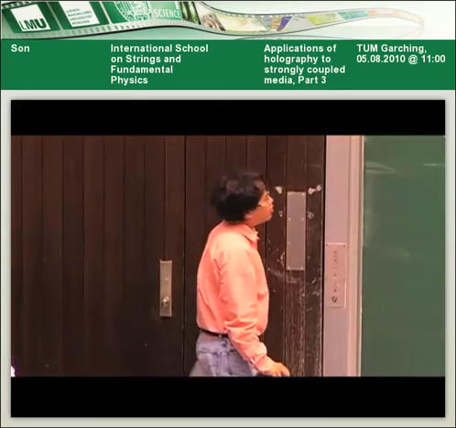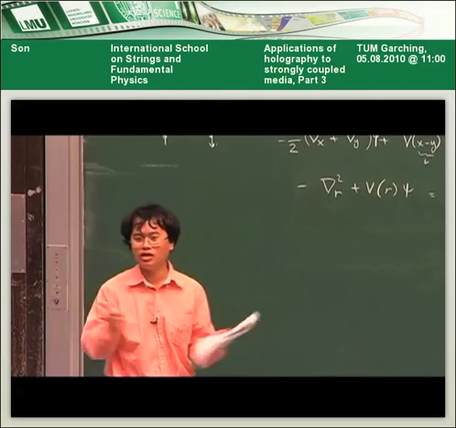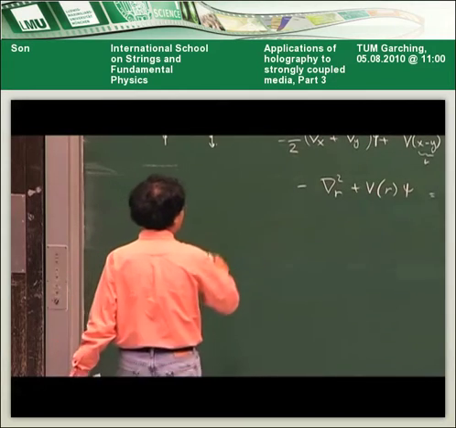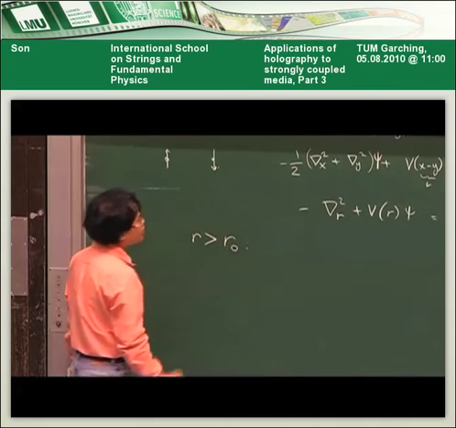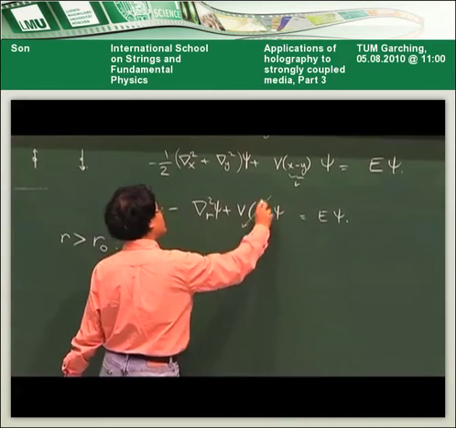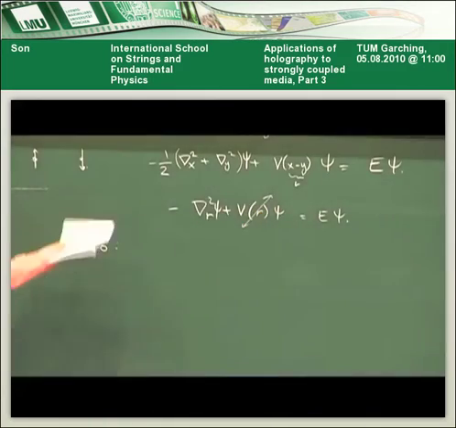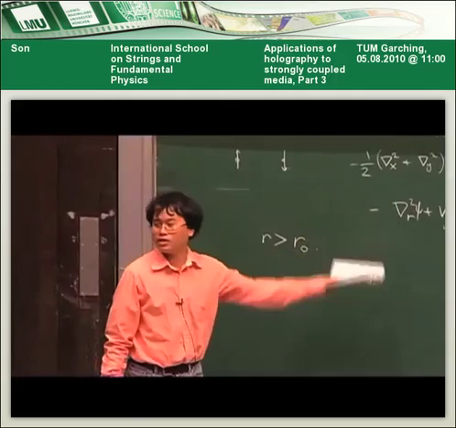Now we are interested in the limit where the potential range is 0. So most of the time r will be bigger than r0, and that means the potential term can be neglected, and you have just the Laplace operator on the left-hand side.